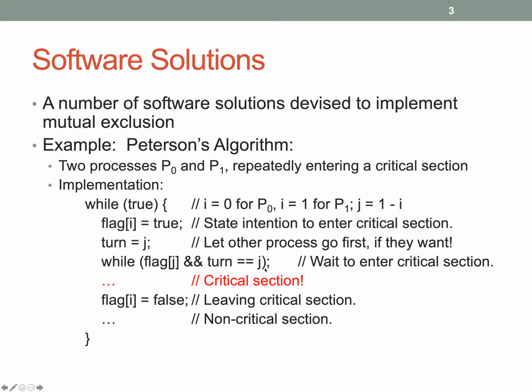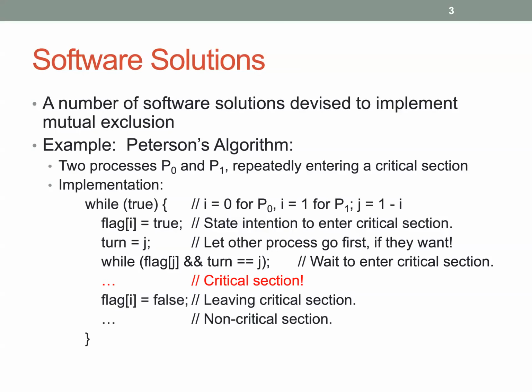And so then you sit in this while loop, which basically waits until the other thread says, I'm not in the critical section and I'm not interested, you go ahead. It's a very interesting kind of selfless mechanism, if you will, where processes or threads can cooperate to make sure that they enter a critical section when the other process is not in it.